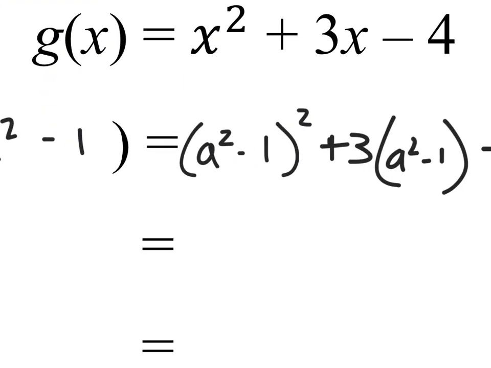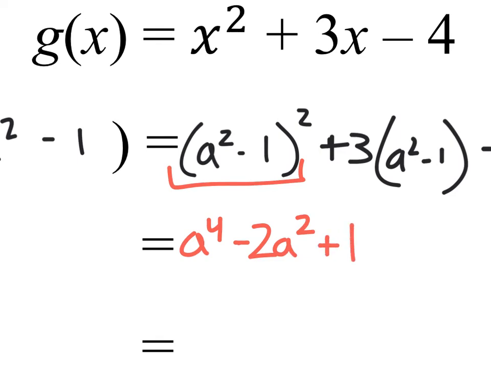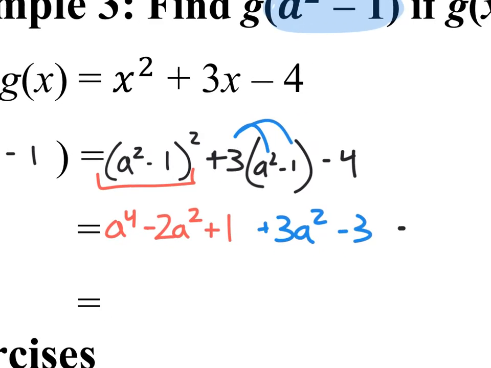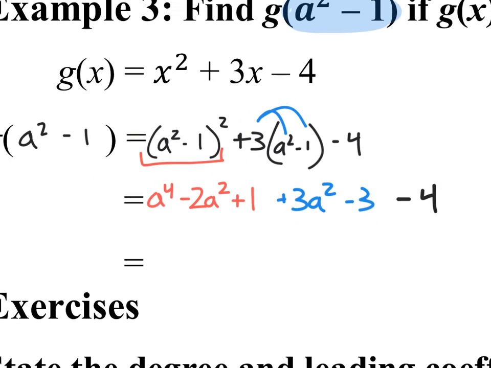So it was, this piece here, was a to the 4th minus 2a squared plus 1. And that's all. So it's just a couple more steps. Here we get to distribute. So we'll have plus 3a squared minus 3. Here's the constant. And when we combine some like terms, there's some like terms. Here's some like terms.